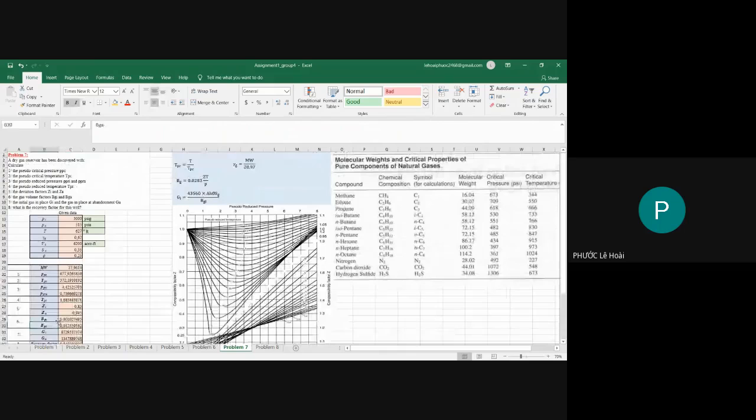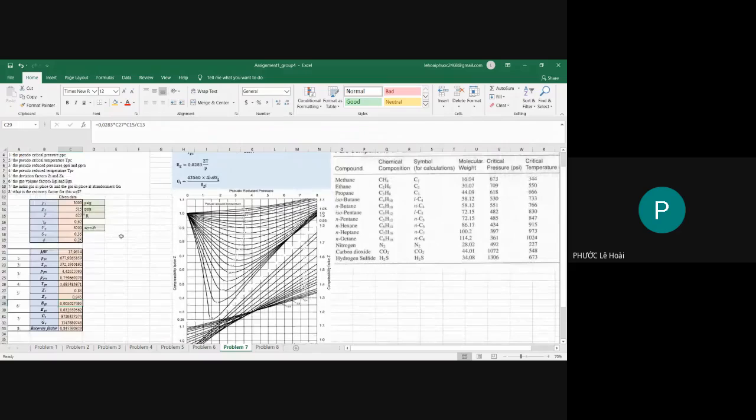For the BGI here, it is the gas volume factor for the BG. This equation is here. Okay, you can use this equation to calculate both BGI and BGA here.